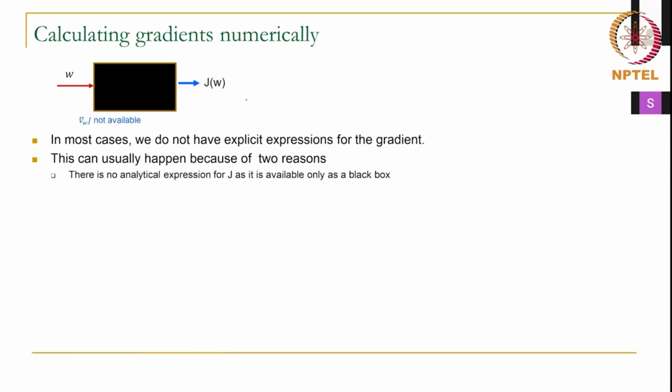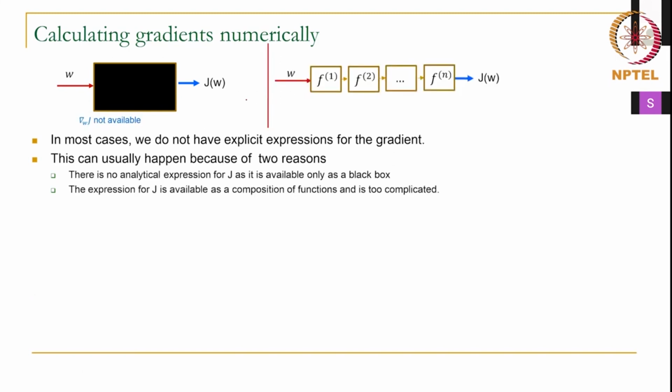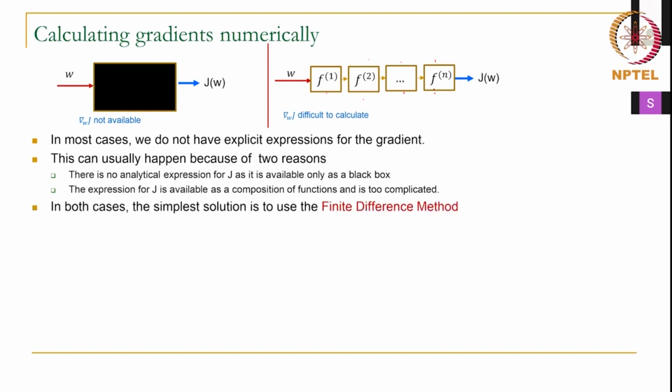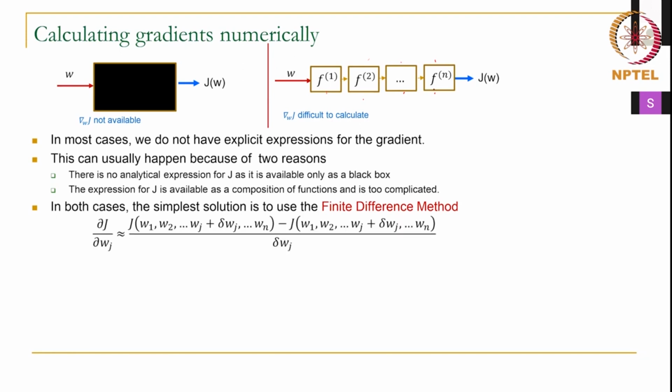And what is usually the case is that we have something like a neural network. So layer 1, layer 2, layer 3, layer 4. By the time you write down the function, it will look really messy. And it's very difficult to compute by hand for sure. So in both cases, the simplest solution really is the inference method. What do I mean by that?